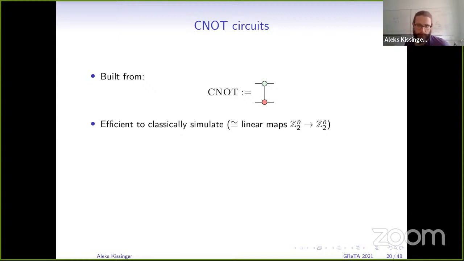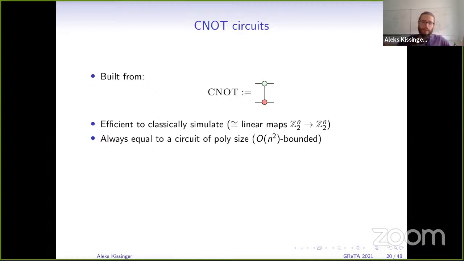In fact, they just correspond to linear maps on bit strings, and they're always equal to a circuit of polynomial size. So if I write some really long CNOT circuit, that's always equivalent to something that's at most quadratically deep in its width. So you can already start to see that you can get some simplifications just by reducing to that smaller thing.